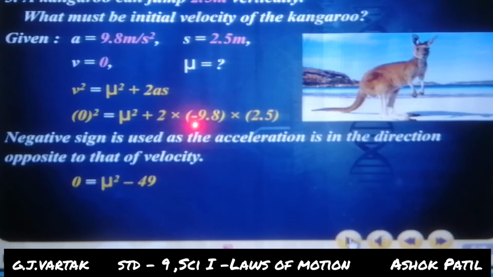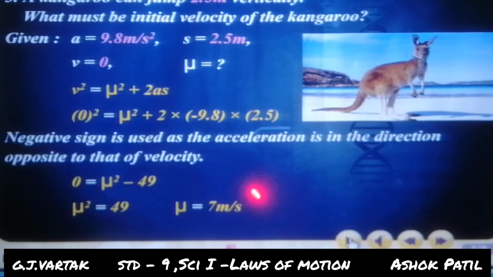There is only one negative, so the sign becomes minus 49, and 49 coming to this side is positive. So u square is equal to 49 and u is equal to 7 meter per second.